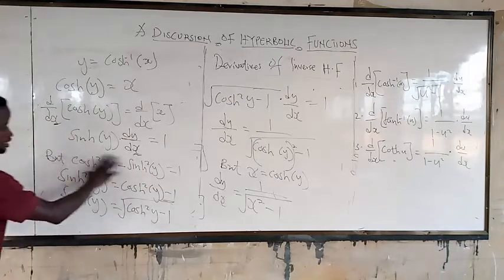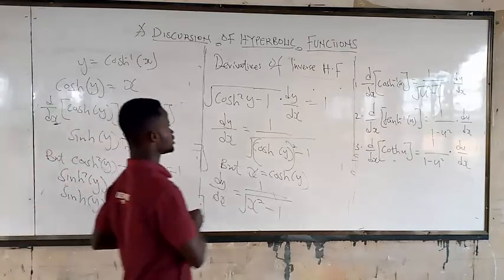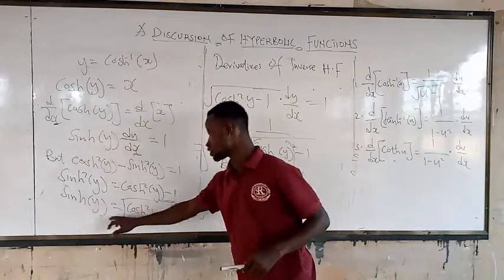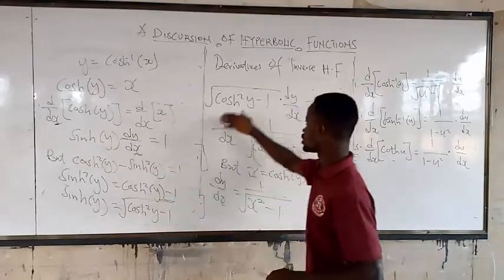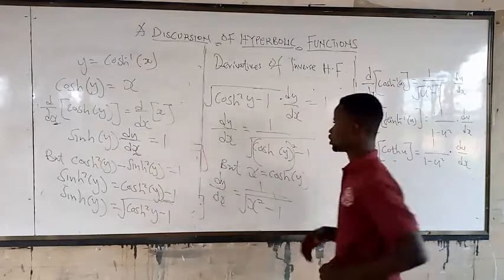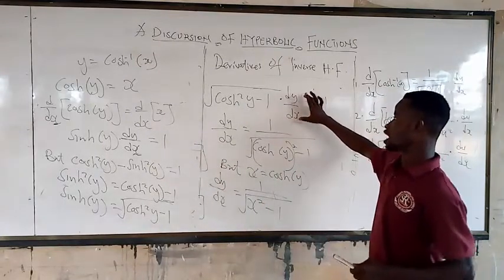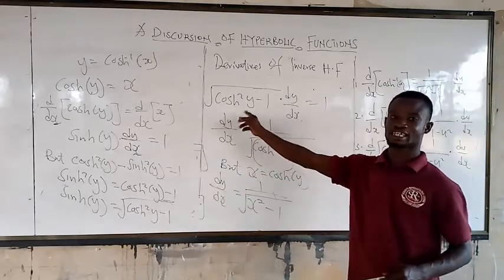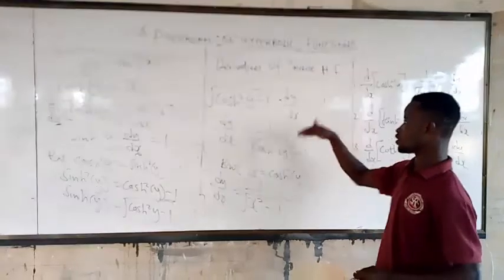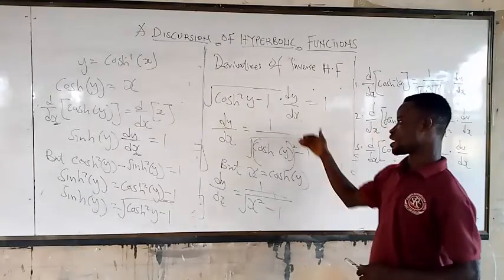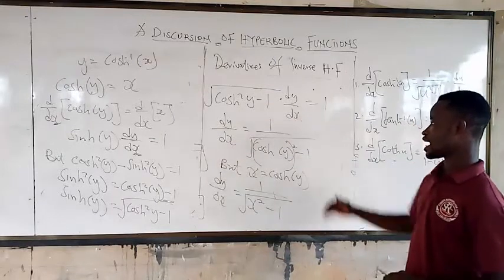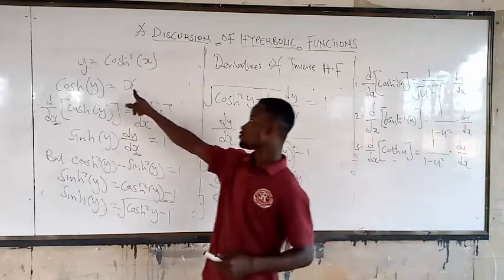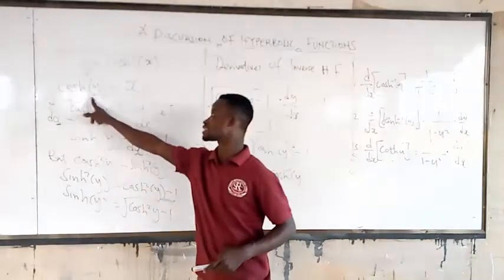Alright. So everything here is correct, and therefore, since that sin y is equal to this by substitution, you are going to get this for that. Alright. So to make dy/dx the subject, we divide both sides by this, and we're going to get 1 over this. But bear in mind that we have x to be equal to cos y.